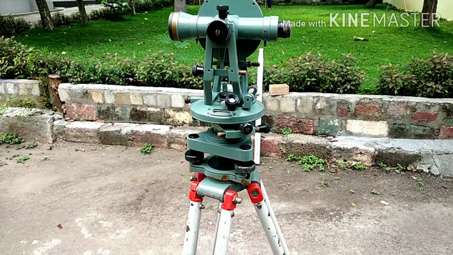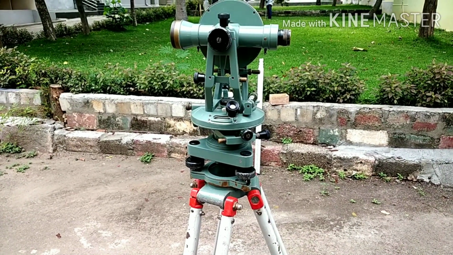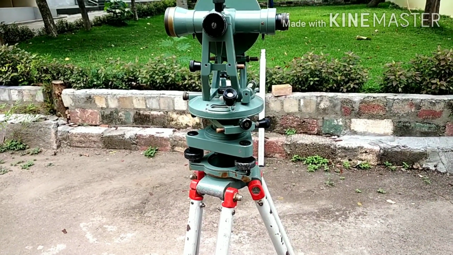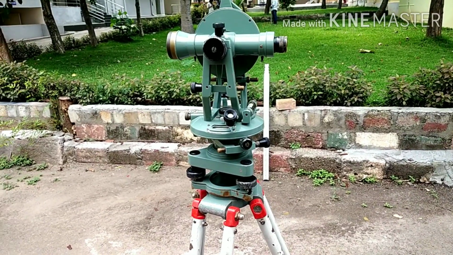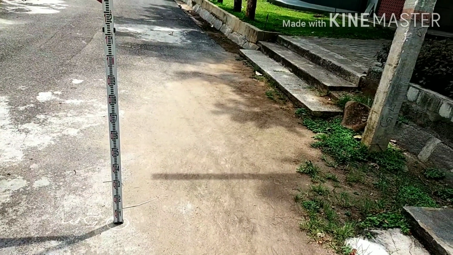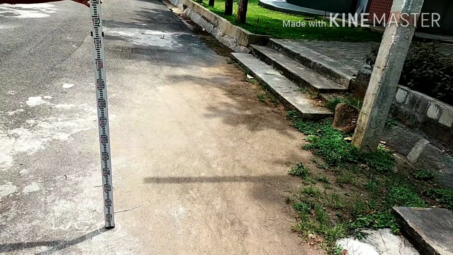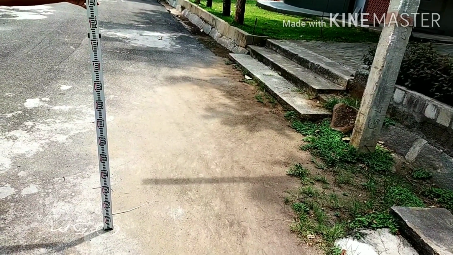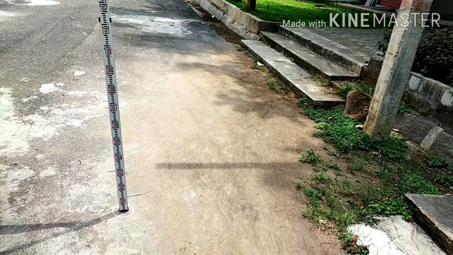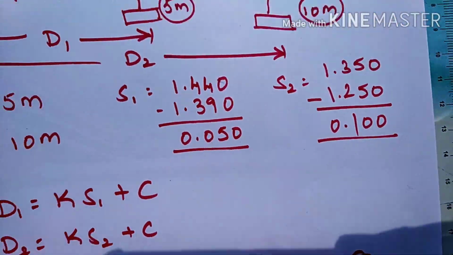We will take the staff readings, that is upper and lower crosshair readings at both points, as shown here.